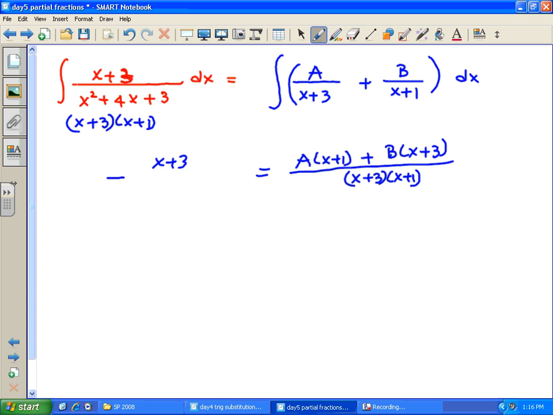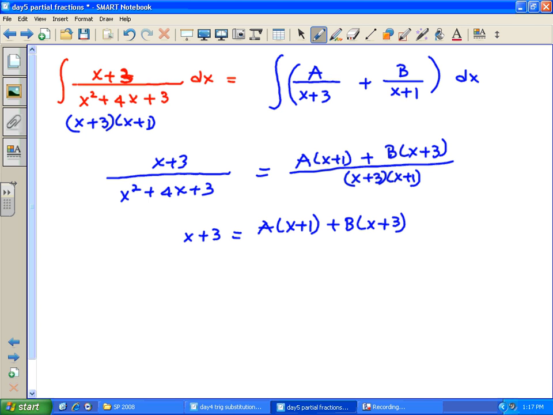And this is the only time I'm writing this long, because from now on I will only write the tops. Once you get common denominators, the bottoms are going to be the same, so you can multiply both sides by those bottoms. They cancel out. You only have to worry about the numerator. So from now on, that's the only thing I'm going to be writing. So I'll just write down that x plus 3 is equal to a times x plus 1 plus b times x plus 3.